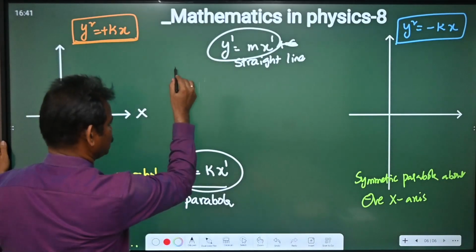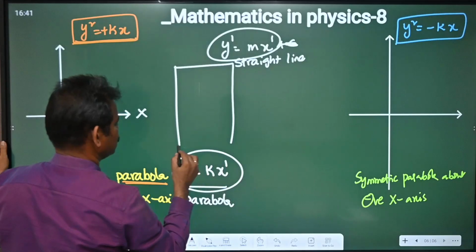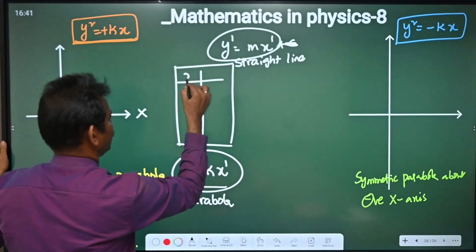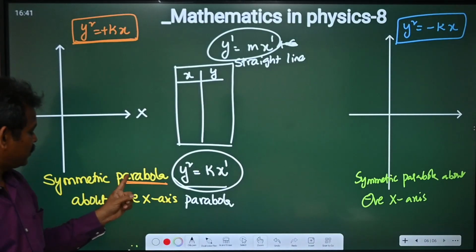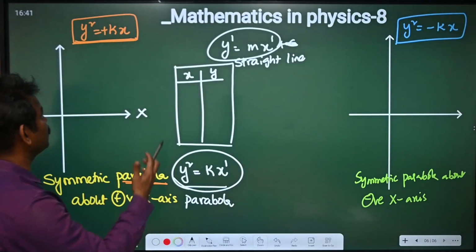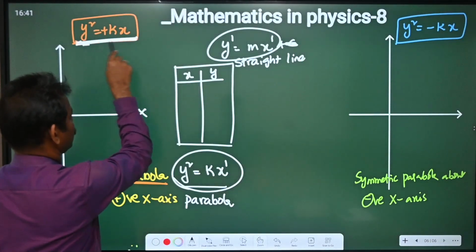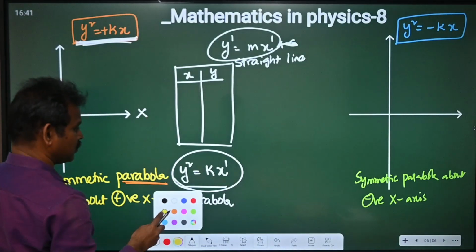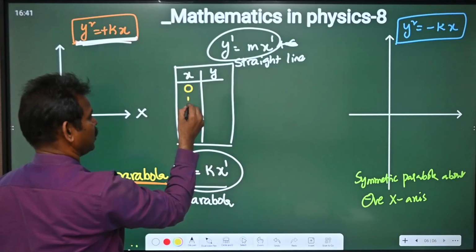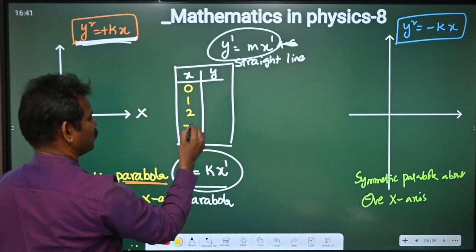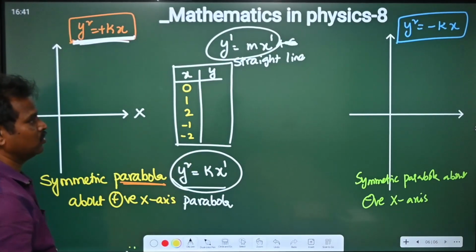For this graph, first let me take one table, students, with x and y values. The equation for this symmetric parabola about the positive x-axis is y square is equal to kx. First let me take some x values: 0, plus 1, 2, minus 1, minus 2.